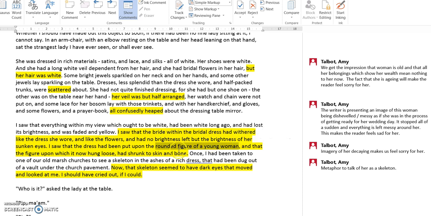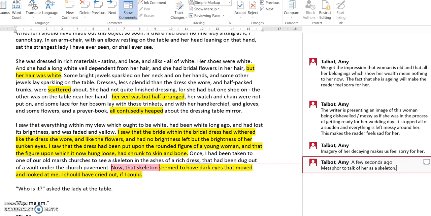And if you've watched part 4 of the question 2 revision video, I talked about the juxtaposition of the idea of a young bride compared to, you know, this image now with sunken eyes, and that now she's a skeleton.